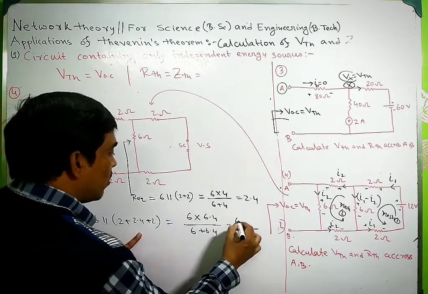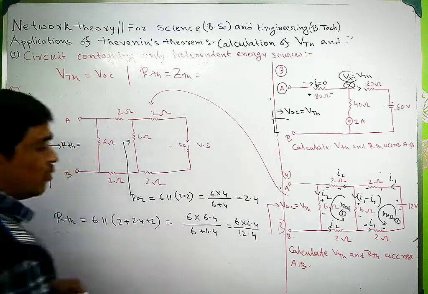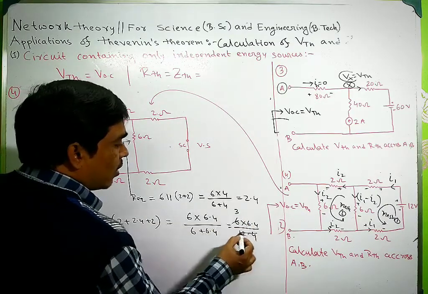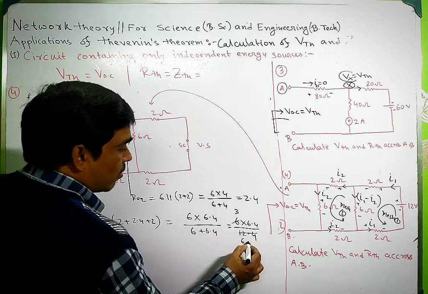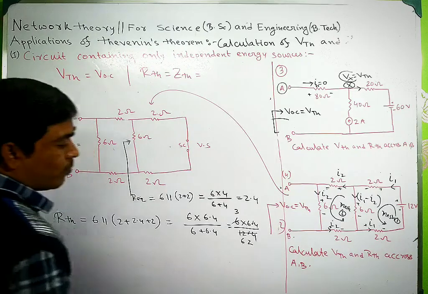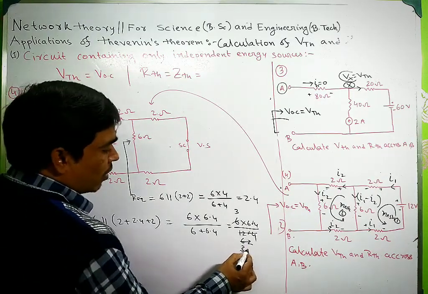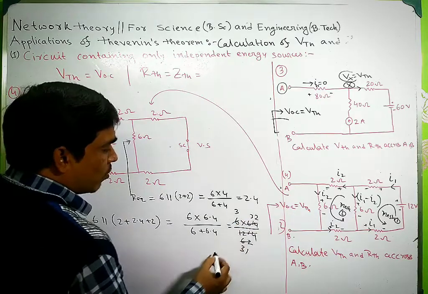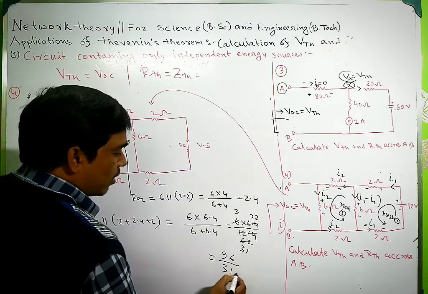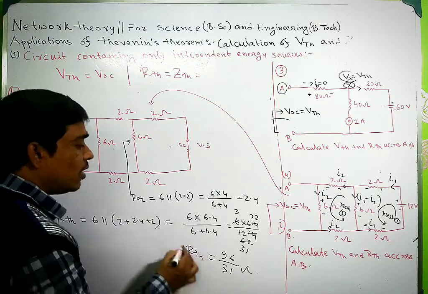So it will be 6 multiplied by 6.4 divided by 12.4. Simplifying, it will be 96 divided by 31 ohms. Okay, so this is the RTH.